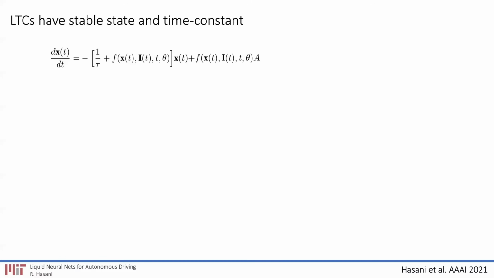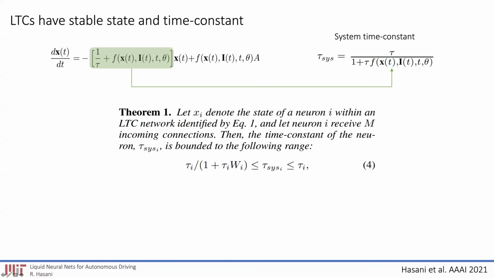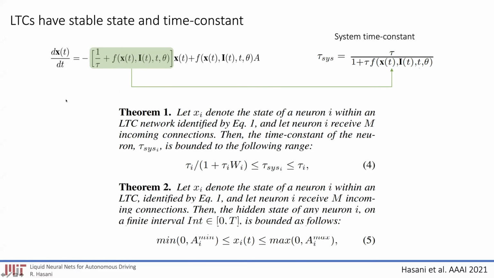Now, these systems have properties, so we really started characterizing them. I showed you a complex differential equation, and it should be stable enough to be able to work with. It has a time constant, and the time constant has to be bounded, so we found bounds over its time constant. So it doesn't go to infinity and it doesn't explode.